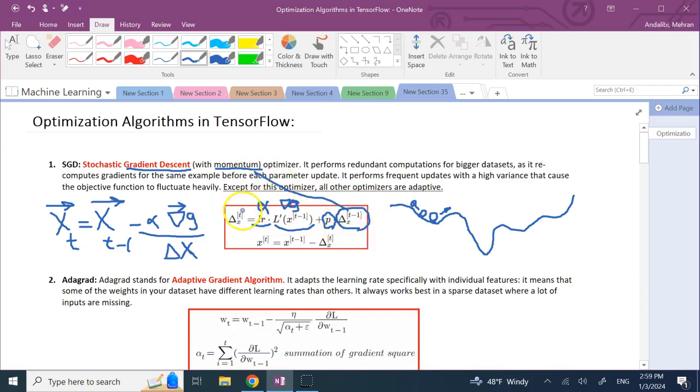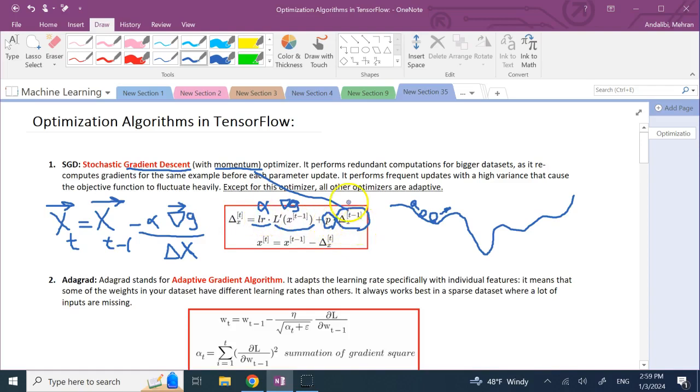So my current change is affected by the gradient as well as the previous change, okay? And this P here is a factor less than 1. The smaller it is, the smaller the effect of momentum, and the bigger the effect of the learning rate. But clearly you see that it makes this delta x with respect to the momentum kind of exponentially decay.